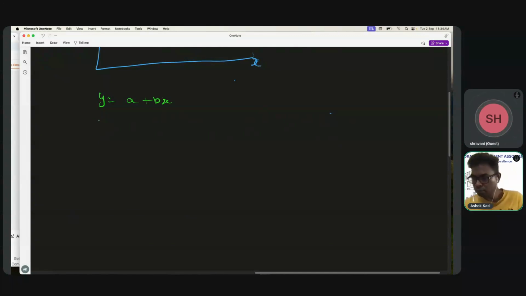Therefore, y bar is equal to a plus b x bar. And b is beta.